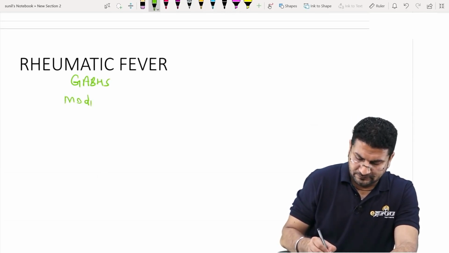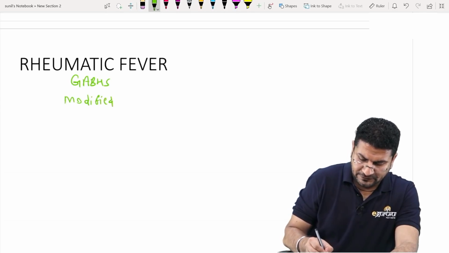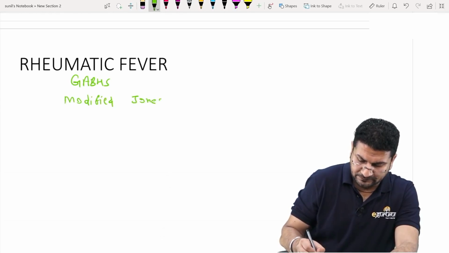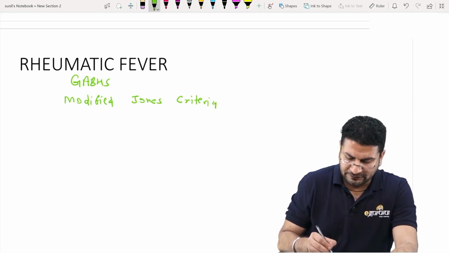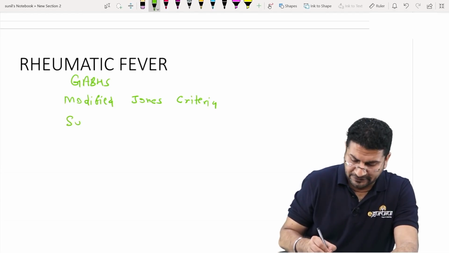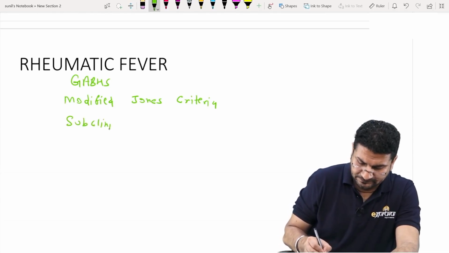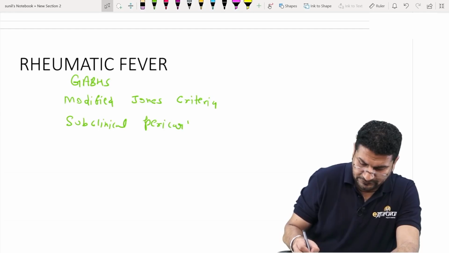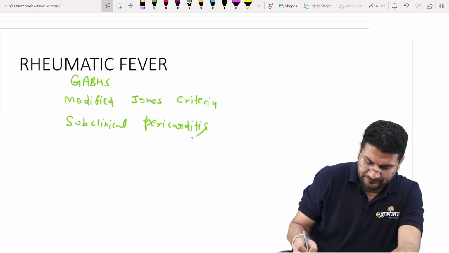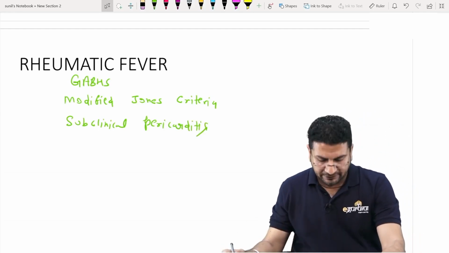Group A beta hemolytic streptococcus. Modified Jones criteria is used to make a diagnosis. You will see a new criterion is subclinical carditis, sometimes added in the new Jones criteria.